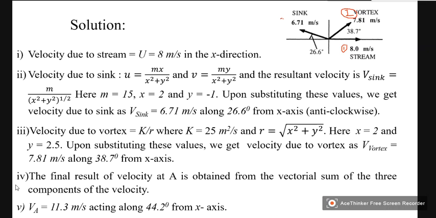And this is 3. And their directions are given. So as a result of these 3 velocities, the resultant velocity will be something. You do not know which direction. Say for example like this.